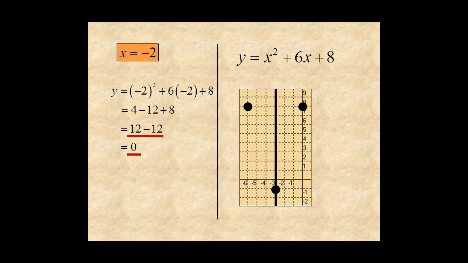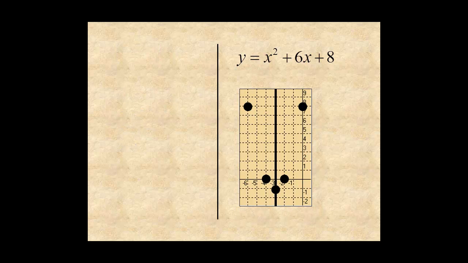So there's a point at negative 2, 0. Since this point is 1 unit to the right of the axis of symmetry, there's another point 1 unit to the left. Now draw a smooth curve through the points, and you have the graph of the function.